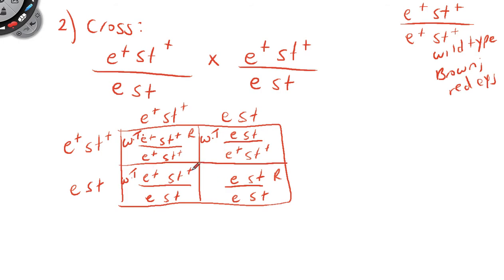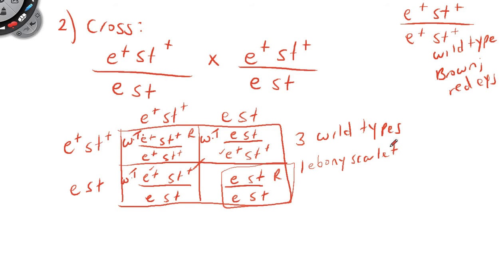Now, the reason why these two here are wild type is because remember that brown is dominant and red is dominant. So the fact that you have this genotype here and this genotype here make it wild type. And then here, this recombinant is actually going to be ebony scarlet. So you're going to end up with 1 ebony scarlet and 3 wild types.